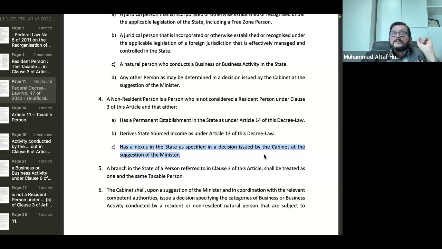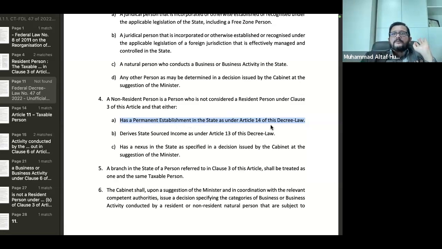You have not issued any decision that addresses this nexus matter. But the FTA will take a counter position on this clause, that a non-resident person either has a permanent establishment in the state. Now, the question is, can a digital nexus be construed as a permanent establishment in the state? That's the counter argument taken by the FTA.